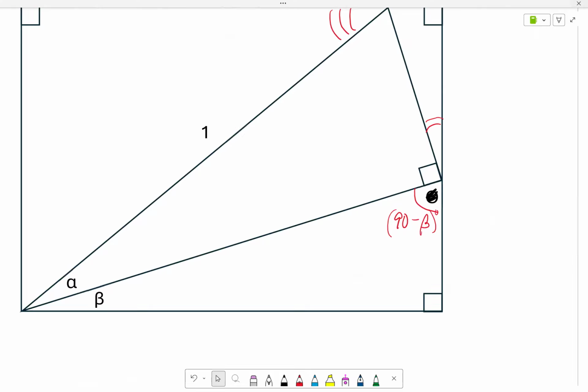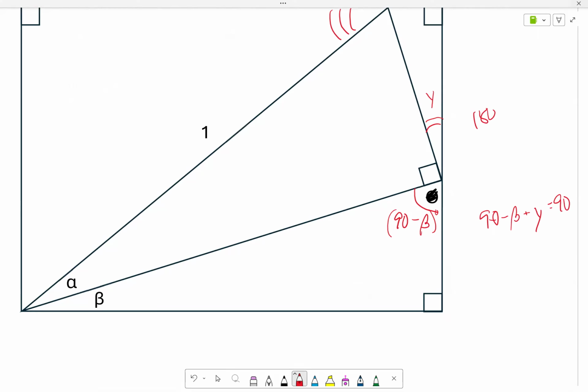Like 90 minus beta plus the double arc. Okay, so maybe we'll call that y. So 90 minus beta. That's the angle in between the 90. Do we agree with that? That these two angles add up to 90? Because all three add up to 180.